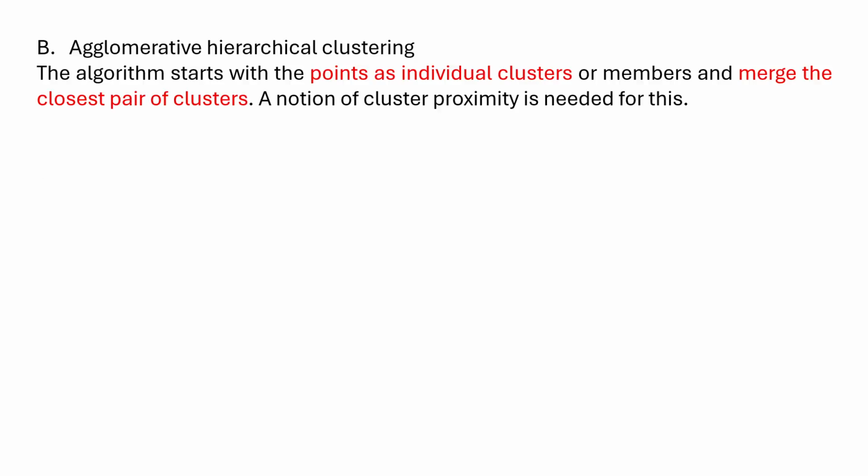The second is agglomerative hierarchical clustering, in which the algorithm starts with the points as individual clusters or members and merges the closest pair of clusters. A notion of cluster proximity is needed for this.